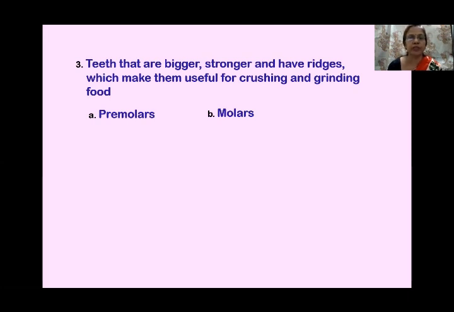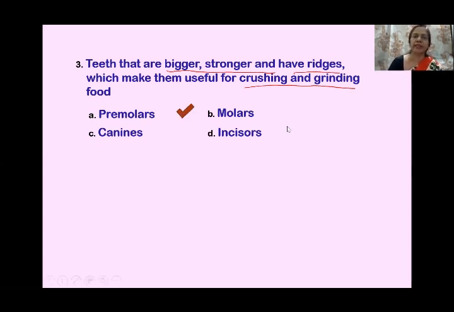So first option is premolars, second is molars, third is canines, and fourth is incisors. Means crushing is also carried out and grinding also. So what will be the right answer? It is premolars.